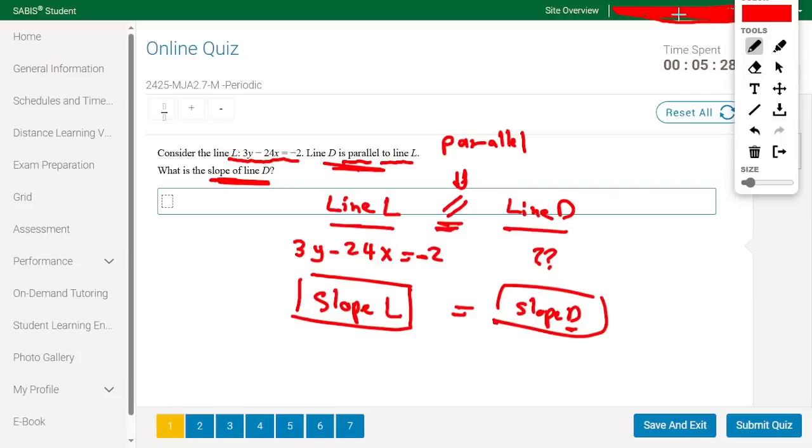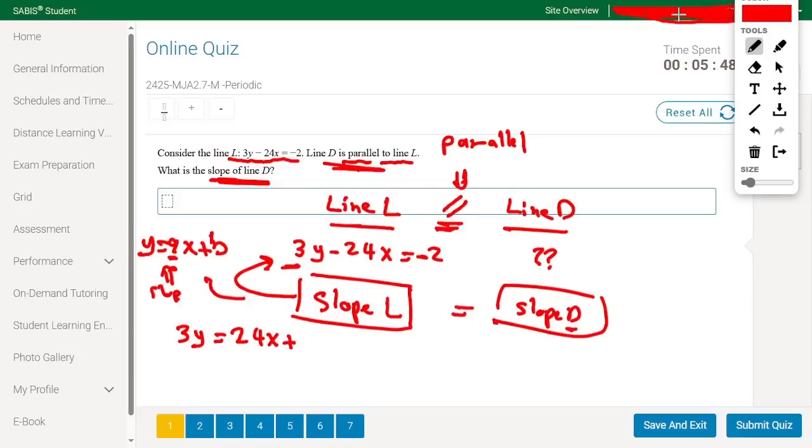Now to get the slope, we need to arrange the equation in the form y equal to ax plus b, because a is the slope. Now this one, make it in the same form. So 3y will equal 24x plus minus 2, because minus 24x goes to the other side as plus 24x.